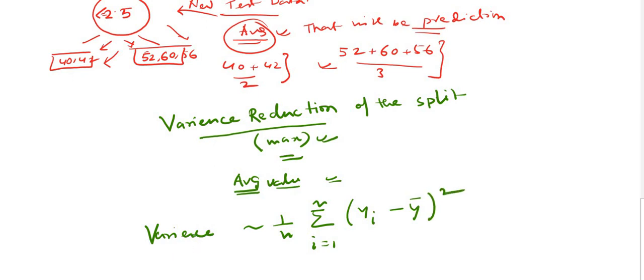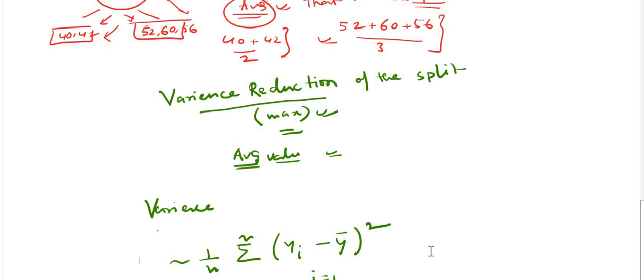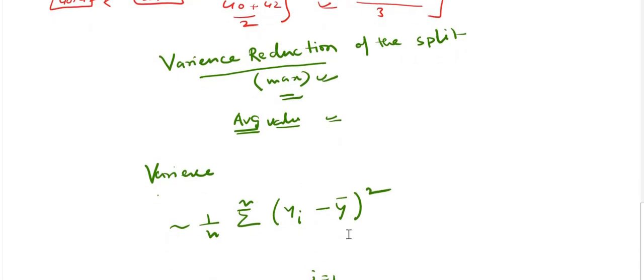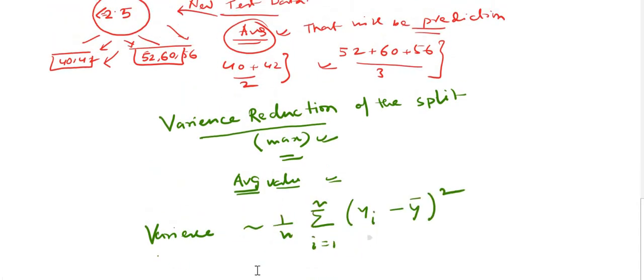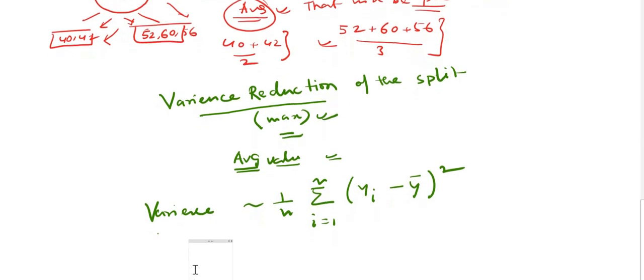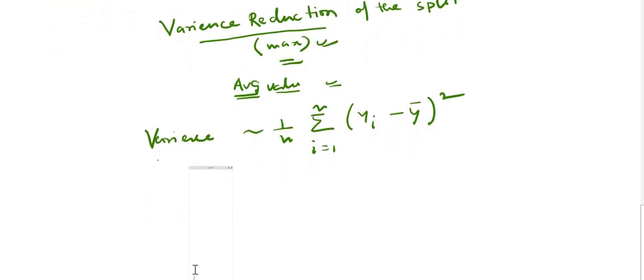That's the way we'll calculate the variance of each node. We'll calculate the variance for the root node, and for the child nodes and everything. And then we will do the final formula for variance reduction.